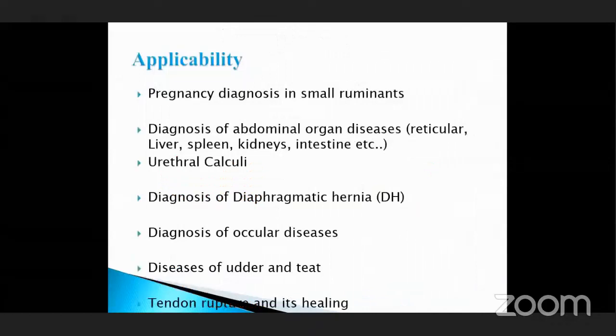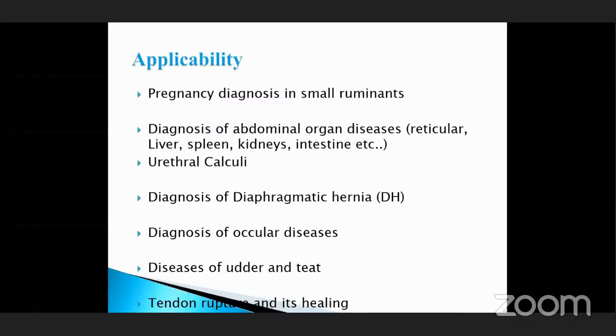Now, applicability of ultrasonography in veterinary medicine. Earlier, ultrasonography was used only for pregnancy diagnosis, also in small ruminants, but with the advancements in ultrasonographic imaging, now the diagnosis of many abdominal organ diseases like reticular diseases, liver, spleen, kidney, intestine, so all these organs can be imaged and their disorders can be diagnosed.